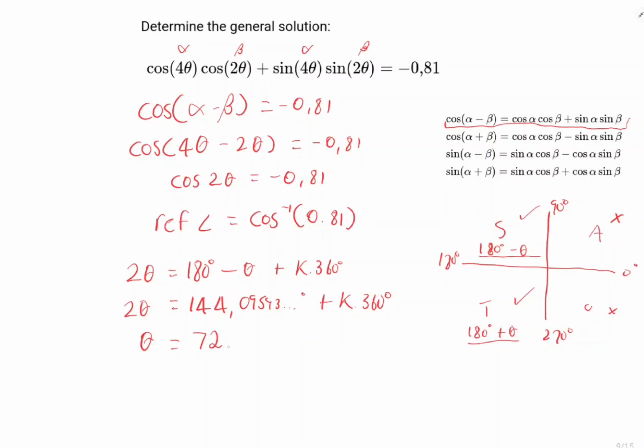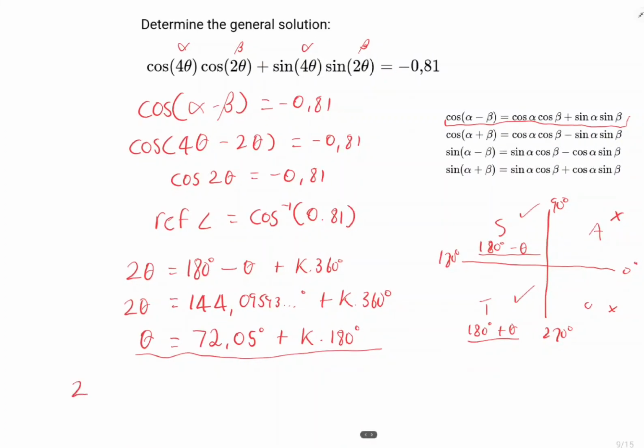You're going to get 72.05 degrees. Round off to 2 decimals as per usual. And then you also have to divide this term by 2 because you're dividing everything by 2. So it's going to be k times 180 degrees. That is going to be our first general solution.